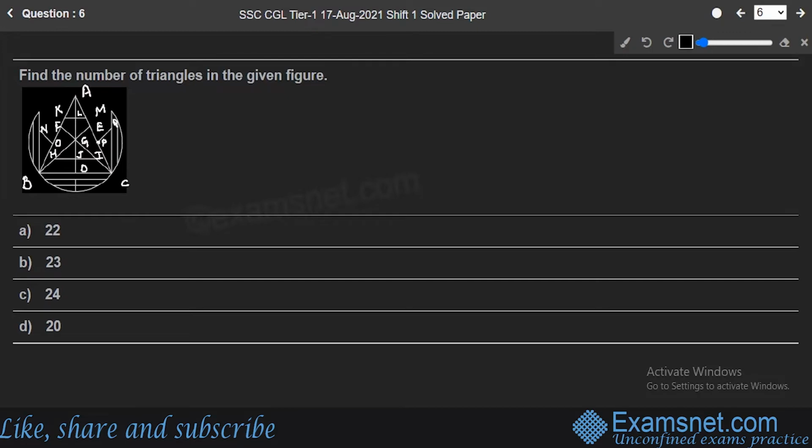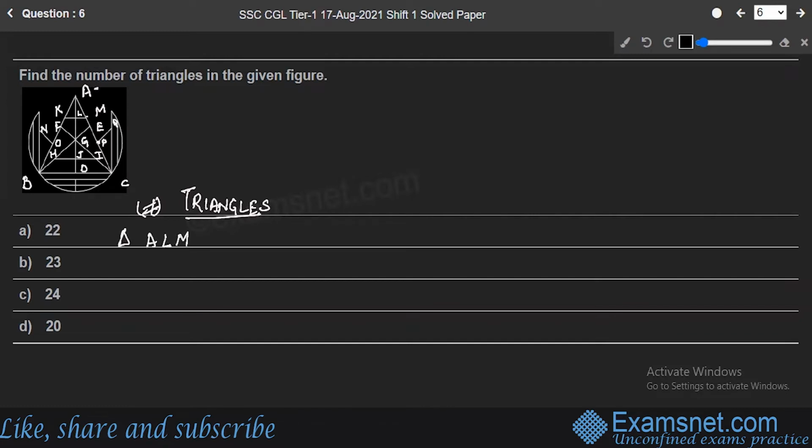So now I'll be writing down the names of the triangles, and let's see what triangles can be formed. First one is ALM.